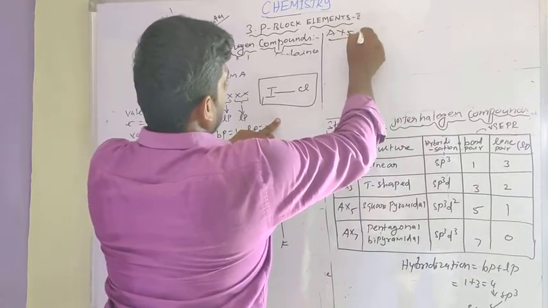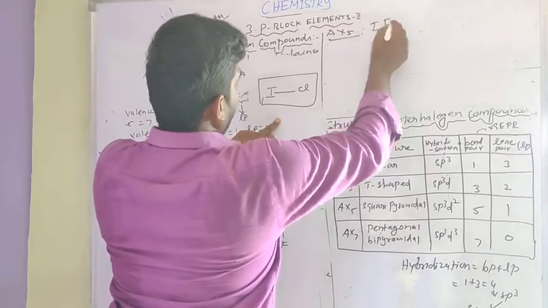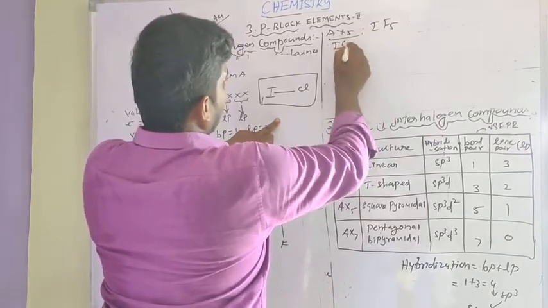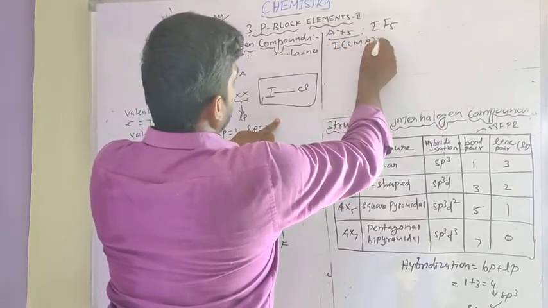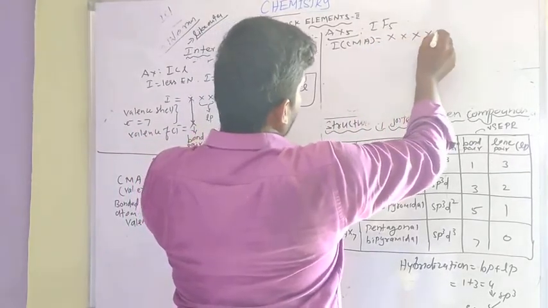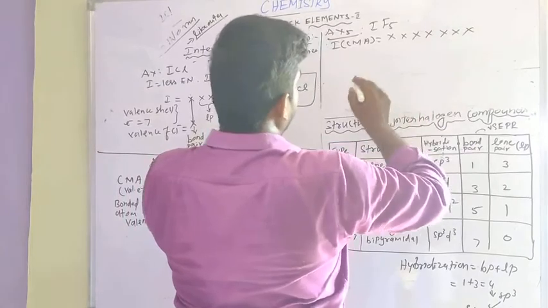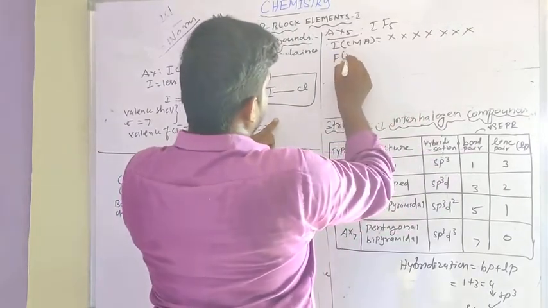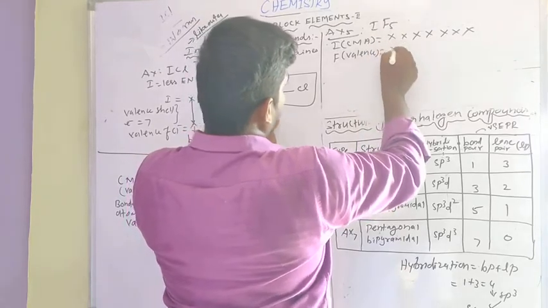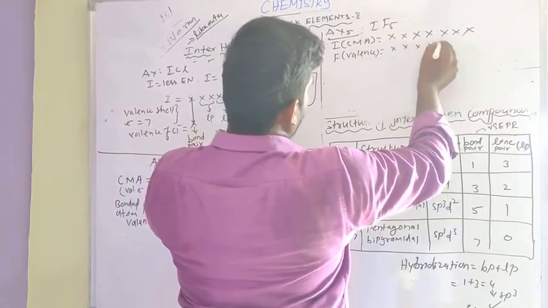Similarly, square pyramidal, AX5 type. Example IF5. Iodine acts as the central metal atom. Valence electrons 7: 1, 2, 3, 4, 5, 6, 7. Fluorine has valency 1, and there are 5 fluorines: 1, 2, 3, 4, 5.